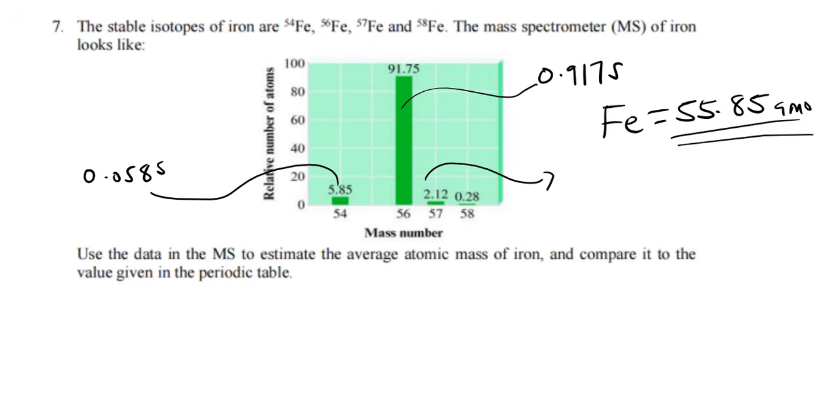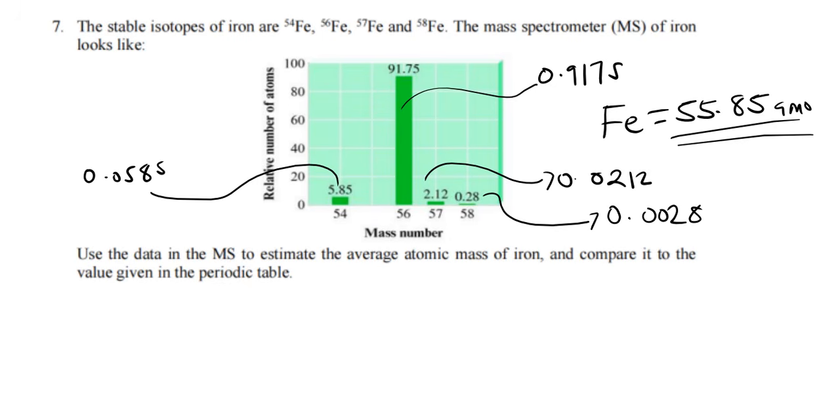Then the one for 2.12 is going to give me 0.0212. Then for 0.28%, 0.28 divided by 100, I'm going to have 0.0028. So those are the fractions that we have.